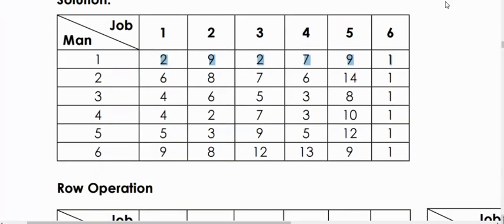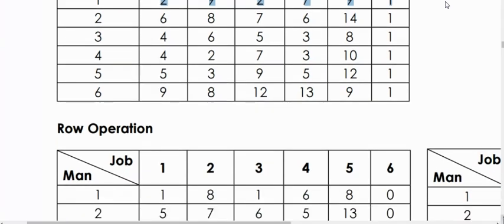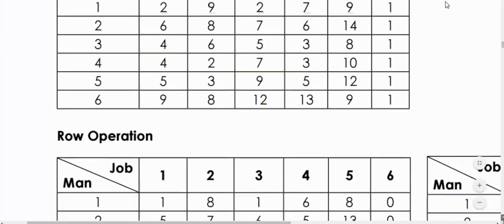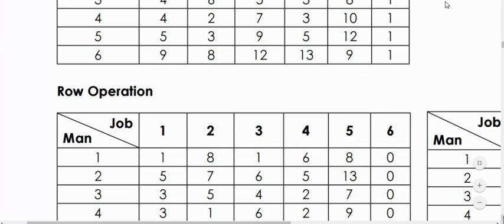This is 2, so 2 minus 1, we should be getting 1. Are you able to see 1 here? Then 9 minus 1, 8. 2 minus 1, 1. 7 minus 1, 6. 9 minus 1, 8. And 1 minus 1, 0. That is how you found your first row.